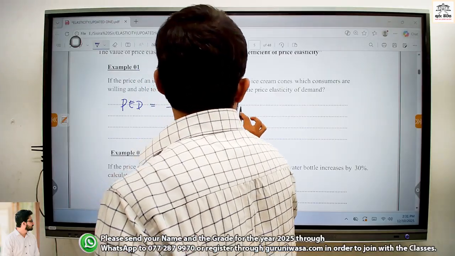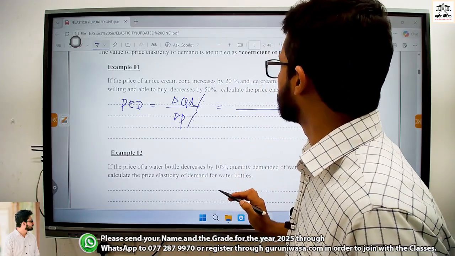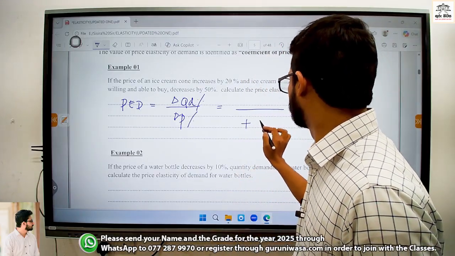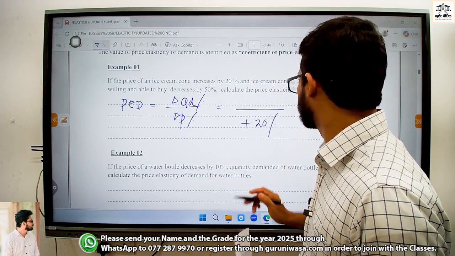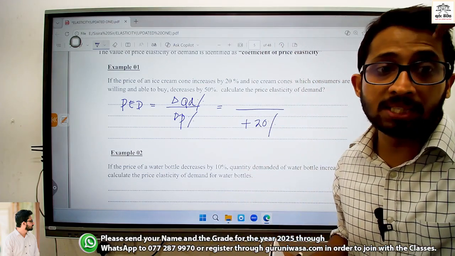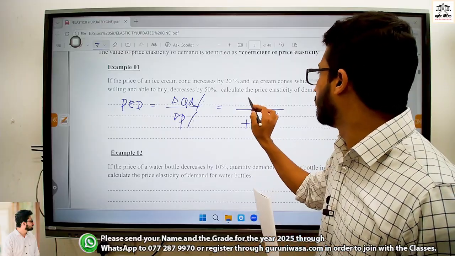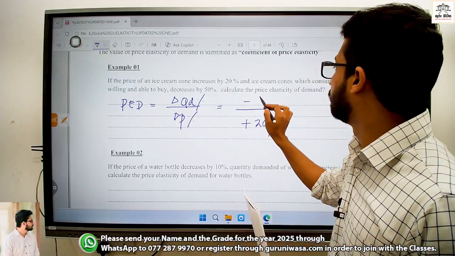Here my price increases by 20%. Percentage change in price is 20%. When price increases by 20%, quantity demanded falls by 50%.